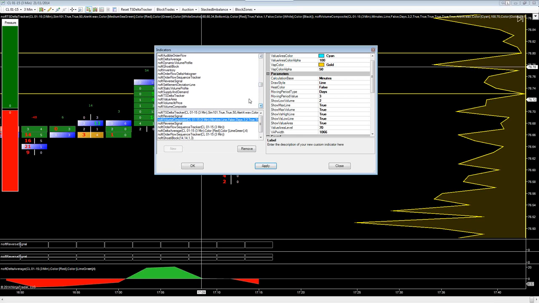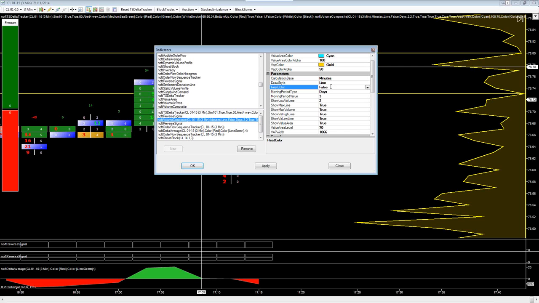So when you get the package, you just scroll down to the ends and you're going to find NOF and all the things within it. So for example, I can have value area color, and I can calculate it based on minutes or on ticks. If you want to go a long way back, you probably want to do it on minutes instead of ticks, otherwise it's going to take quite a while to load.